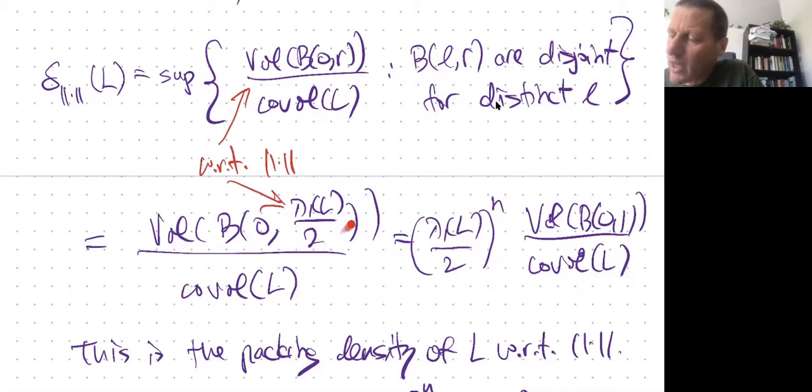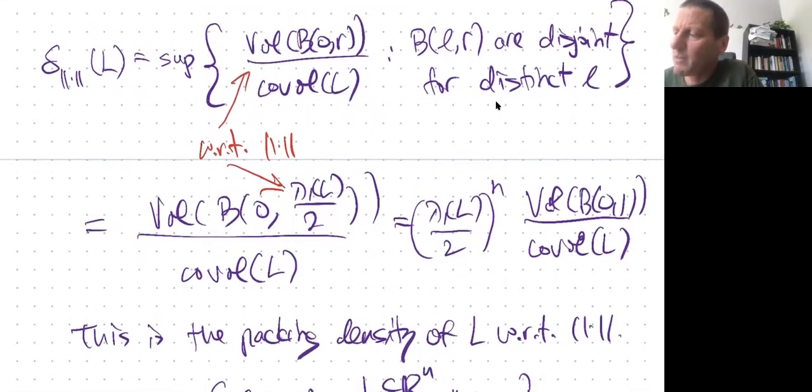And the largest ball for which this condition is satisfied is exactly the ball of this size, because as soon as the radius becomes bigger than lambda 1 over 2, the distance from 0 to some other lattice point is such that these balls start to overlap. Okay, so this is a mysterious number.